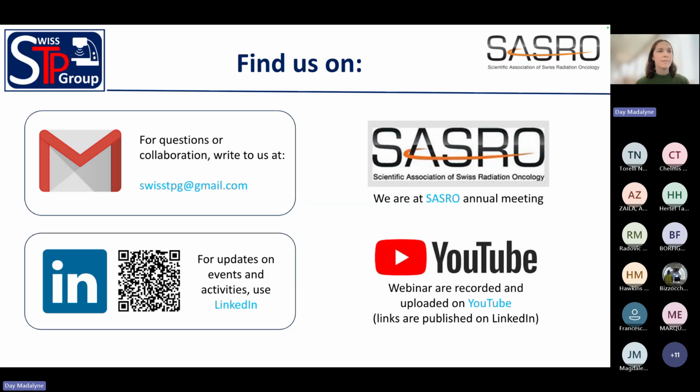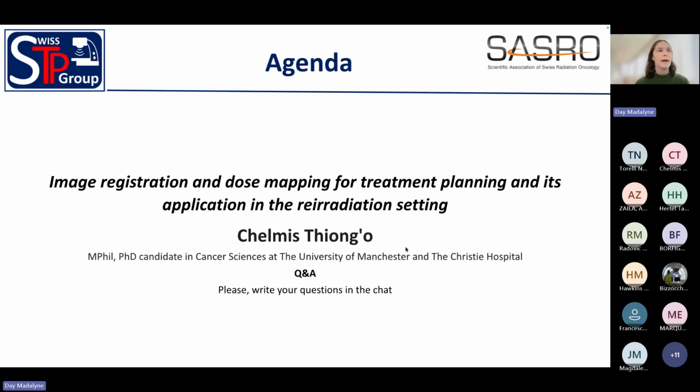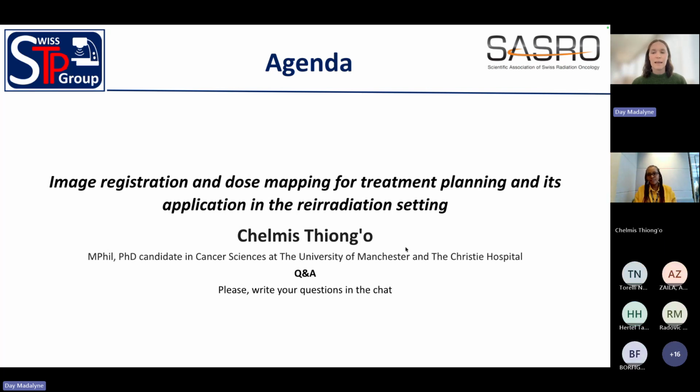Today, we are joined by Chelmis Thiong'o, and she is going to present to us about image registration and dose mapping. Chelmis is currently in her final year of her PhD in cancer sciences, focusing on developing methods to enable safe and effective re-irradiation of head and neck and lung cancer at the University of Manchester and the Christie Hospital in the UK.